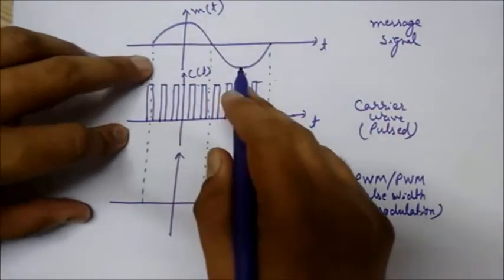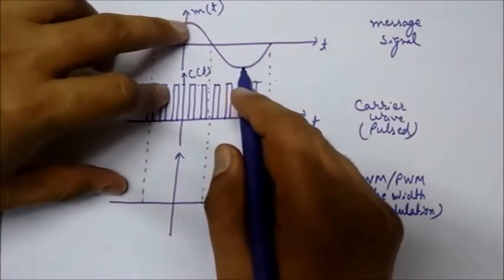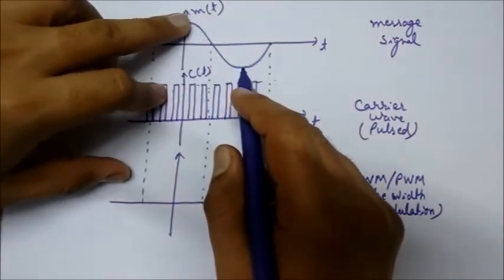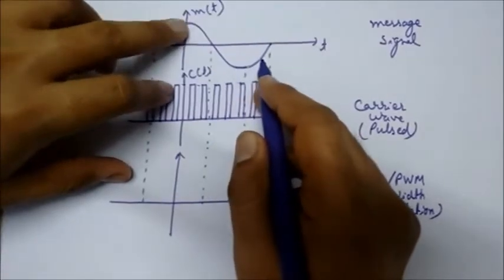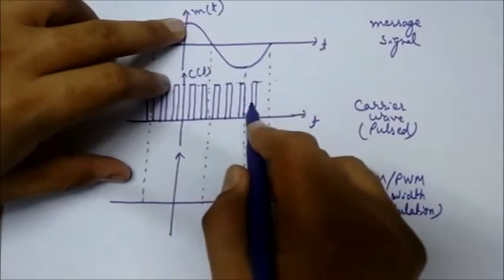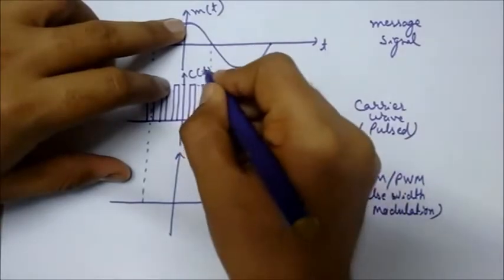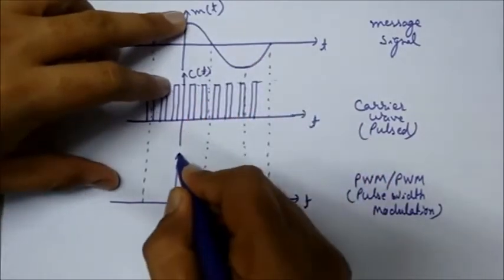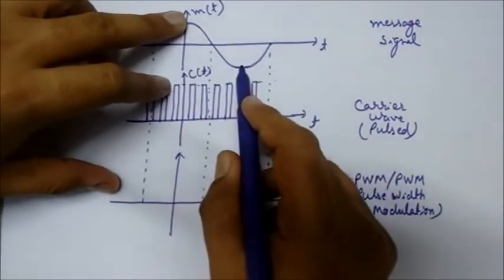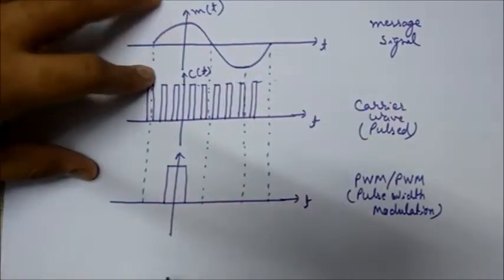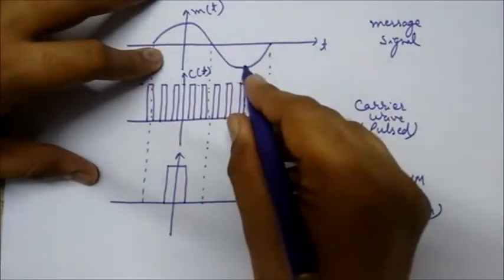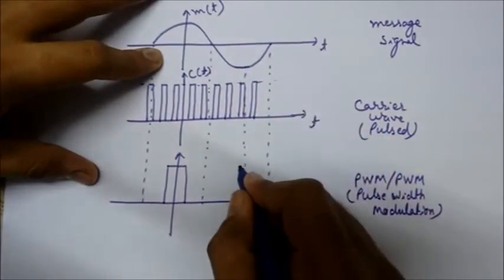As you can see here, it has the maximum amplitude of the message signal, and here it is minimum. So the width of this pulsed carrier will be maximum at this point, and minimum at this point.